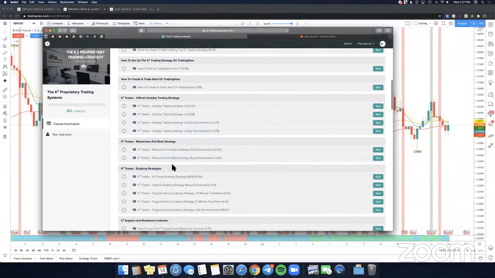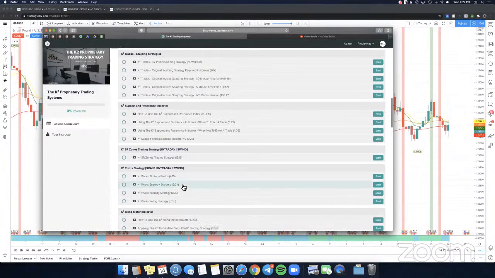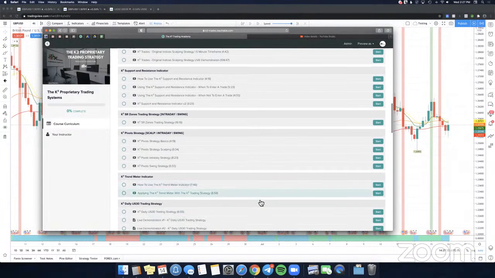There's 1, 2, 3, 4, 5, 6, 7, 8 strategies. So it's really up to you which one you want to apply. They're all very similar. They just have different entry points, and sometimes they line up with each other. So even if you like one strategy, the other one can have the same exact entry as well.